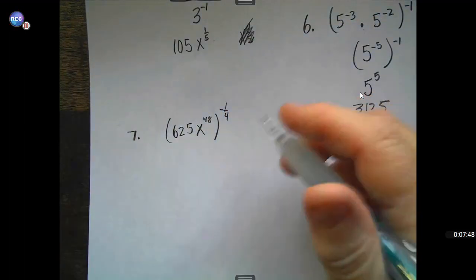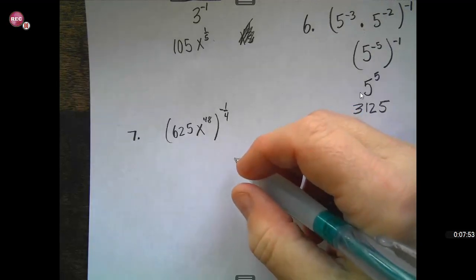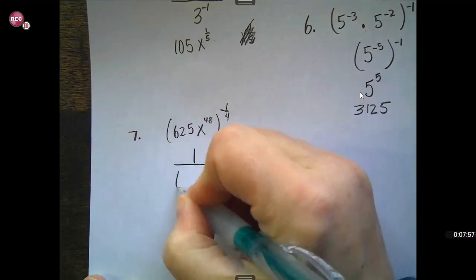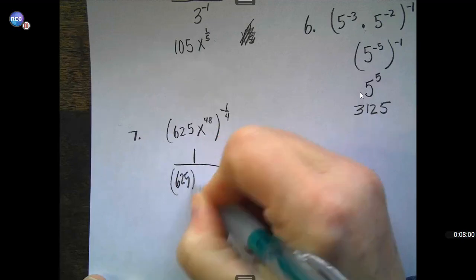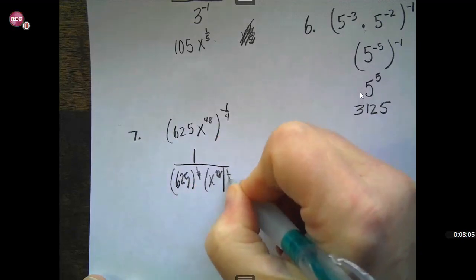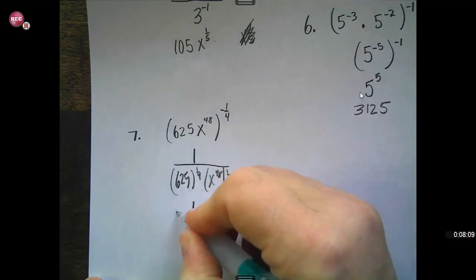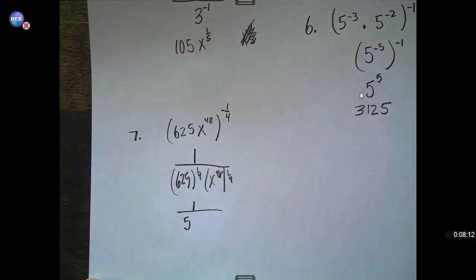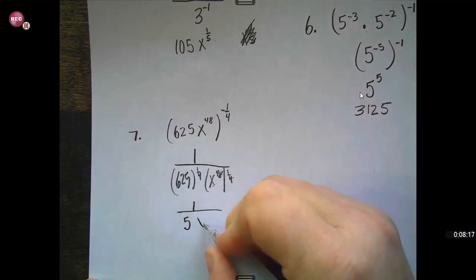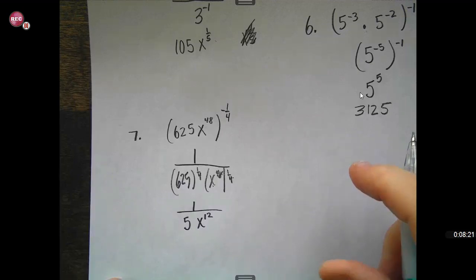So I would probably flip this over and make it 1 over 625 to the 1/4, and then x to the 48th to the 1/4, and then 625 to the 1/4 power is 5. 625 is 5 to the 4th, and x to the 48th to the 1/4 power is x to the 12th, and that would be the answer to that one.